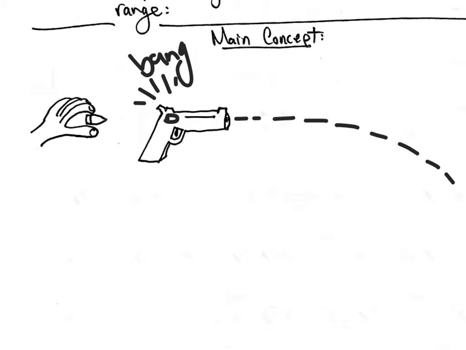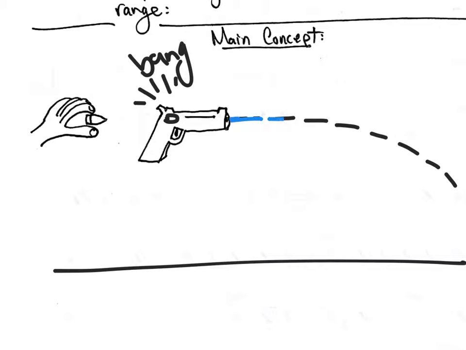But the bullet is going to hit the ground. Actually, this is definitely not drawn to scale. So the bullet's going to take this parabolic path and hit the ground. Obviously, the gun fires the bullet very quickly, so it has a very large horizontal component of velocity.